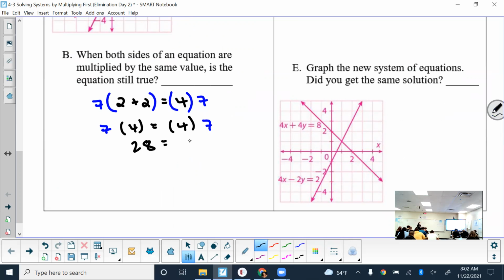What's 4 times 7? So is this still true? Yes. So that's what we're showing you: if you multiply both sides, don't just multiply one side, multiply both sides by the same value, yes, the equation is still true.